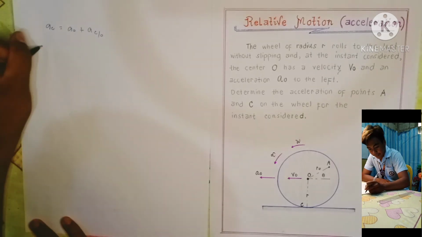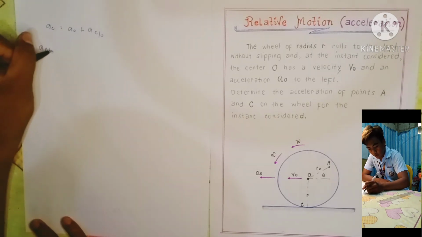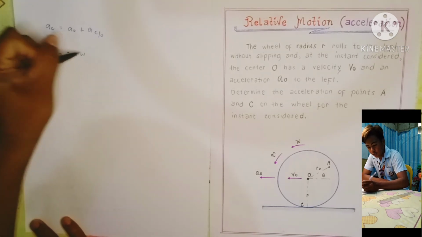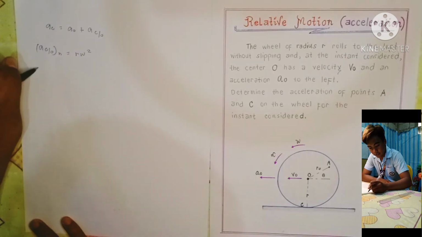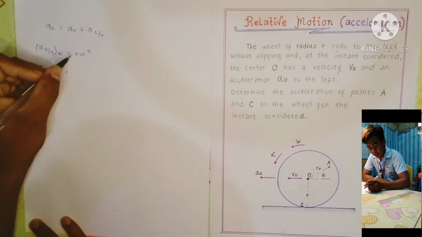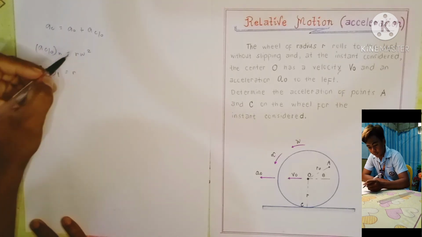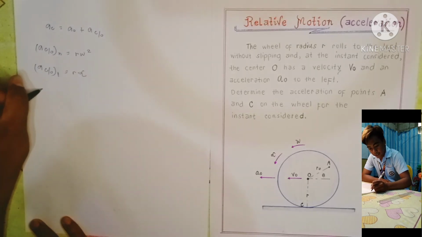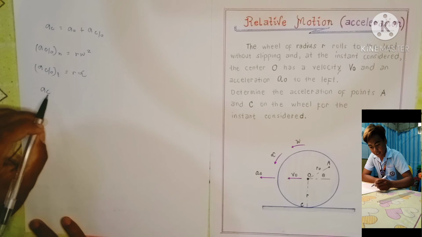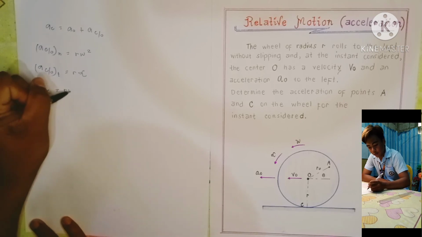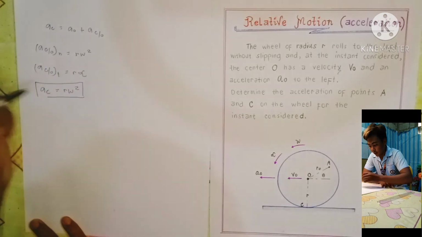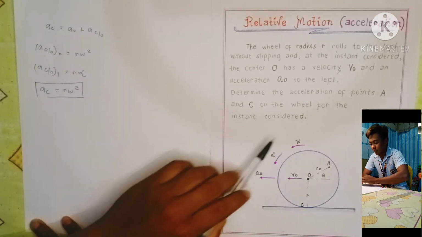The acceleration of C over O normal is equal to R W squared, and the acceleration of C over O tangential is equal to R times the angular acceleration. Therefore, AC at point C is equal to R W squared. So this is the answer for the point C on the wheel for the instant considered.